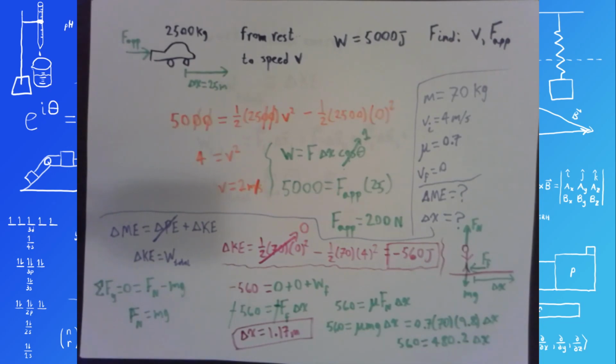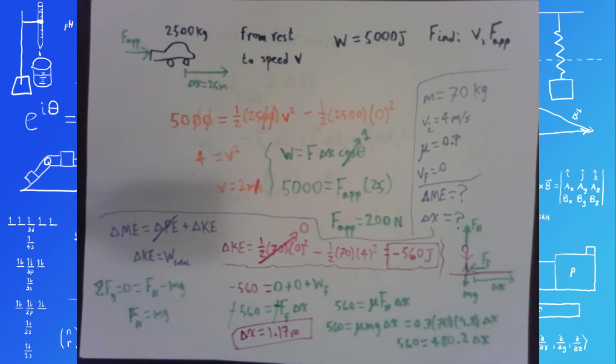Well, actually, it said how much mechanical energy is lost due to friction. So actually, this isn't the right answer. The right answer is just 560 without the negative sign, because it's asking how much, not what's the change in kinetic energy. If it was asking what's the change in mechanical energy, then negative 560 would be correct.